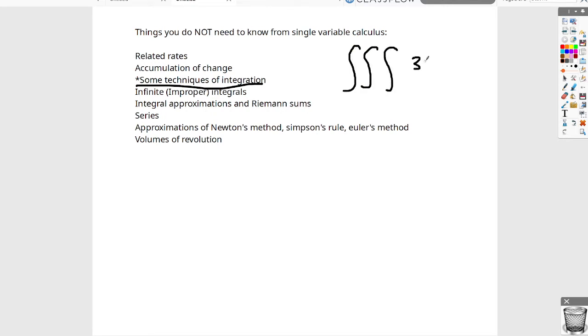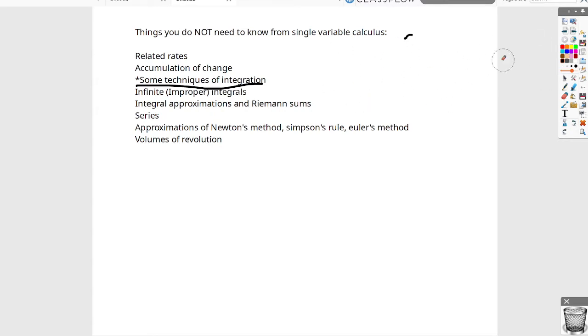It's probably going to be something like this, and it's not going to be that hard to integrate at all, because the integral of 3 dx is 3x plus c, right? But if you have bounds like this, then obviously it will evaluate differently. But the integrals that you get aren't going to be very complicated.